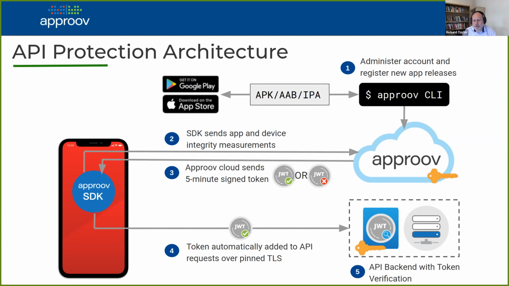So you build the app with the SDK inside it. You get an APK or Android app bundle or an IPA on iOS, and that gets pushed to the App Store. And at the same time, you use a command line registration tool that registers that particular version of the app against your Approov account, so that we know it's a valid version of your app.